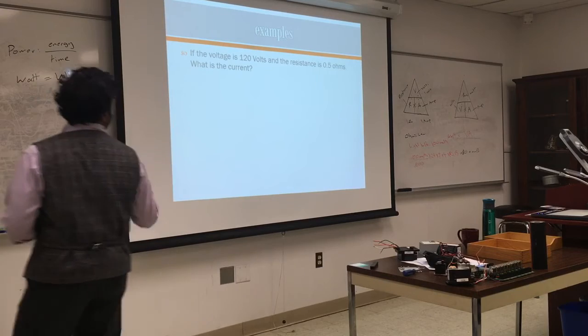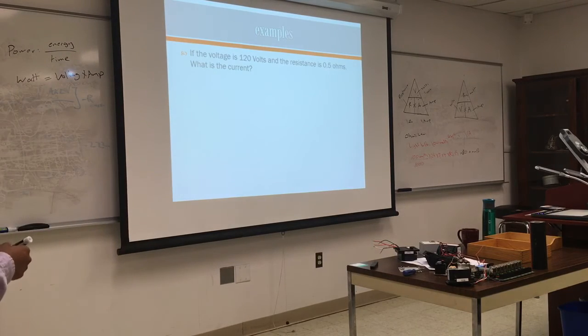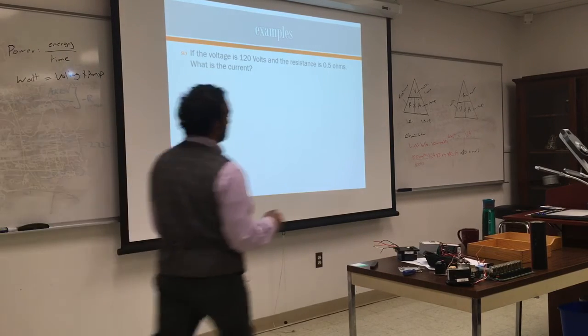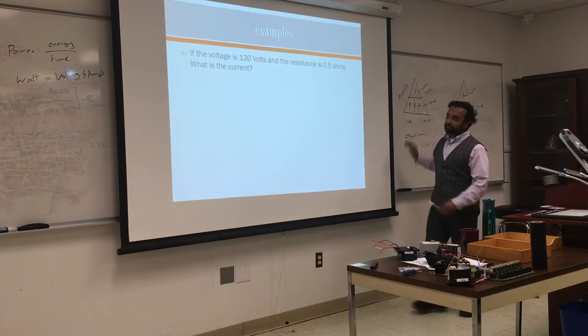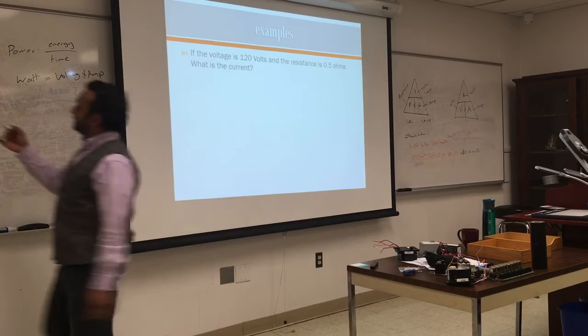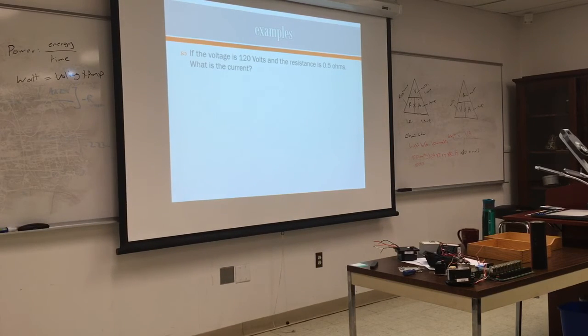So I'm gonna go to my Ohm's law. I need the current, right? So cover the current, and that's volts over resistance, right? So easy way is amperage equals volts over resistance equals 120 over 0.5.